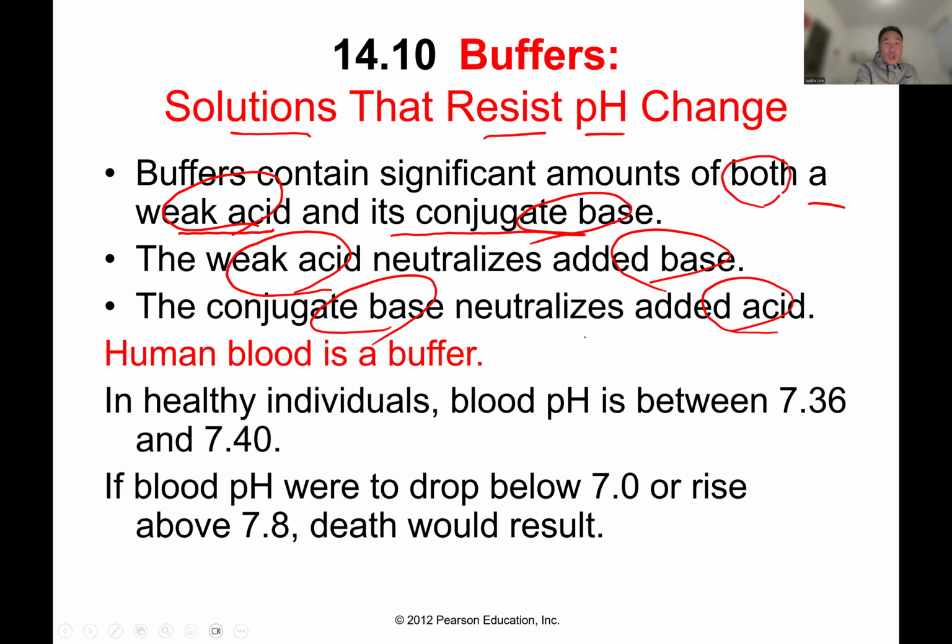For example, human blood is a buffer. In healthy individuals, blood pH is between 7.36 and 7.40. If blood pH were to drop below 7.0 or rise above 7.8, that's a bad result.